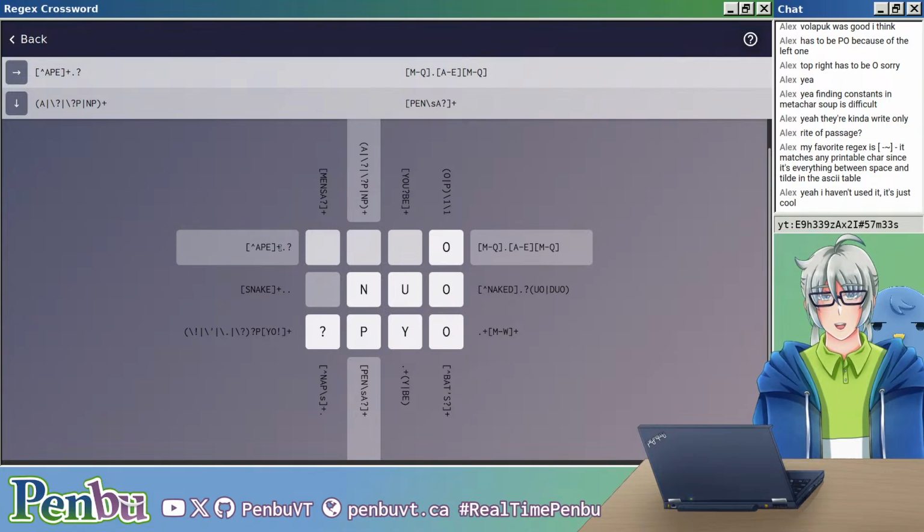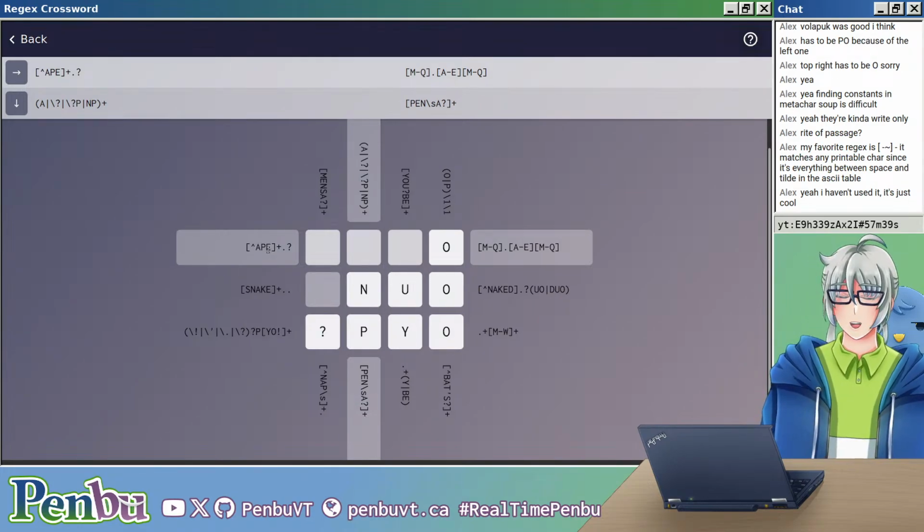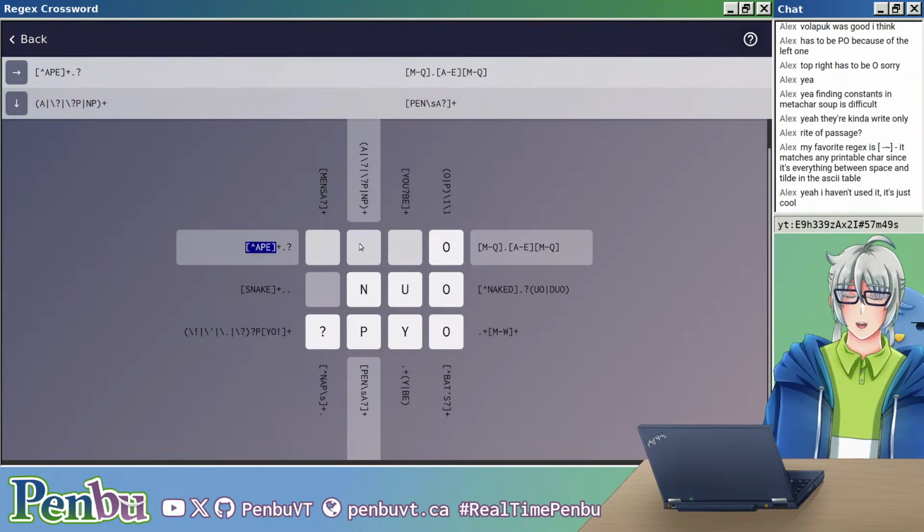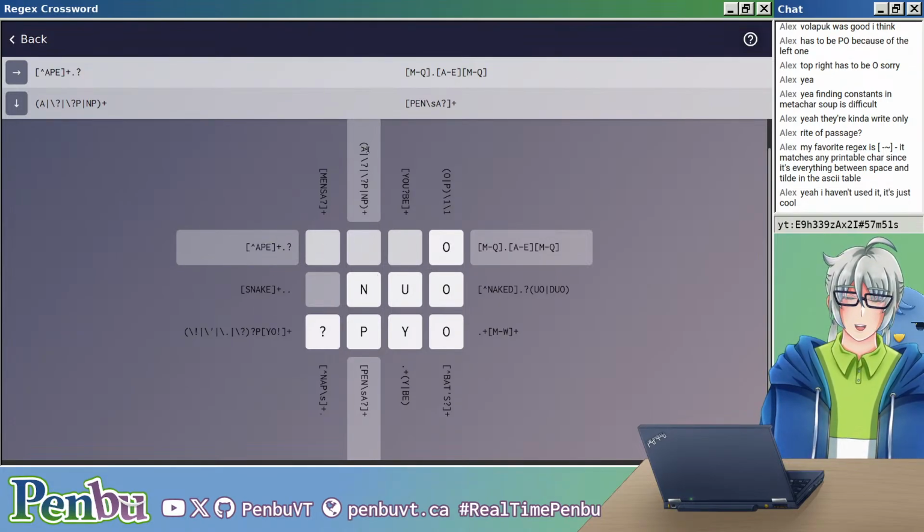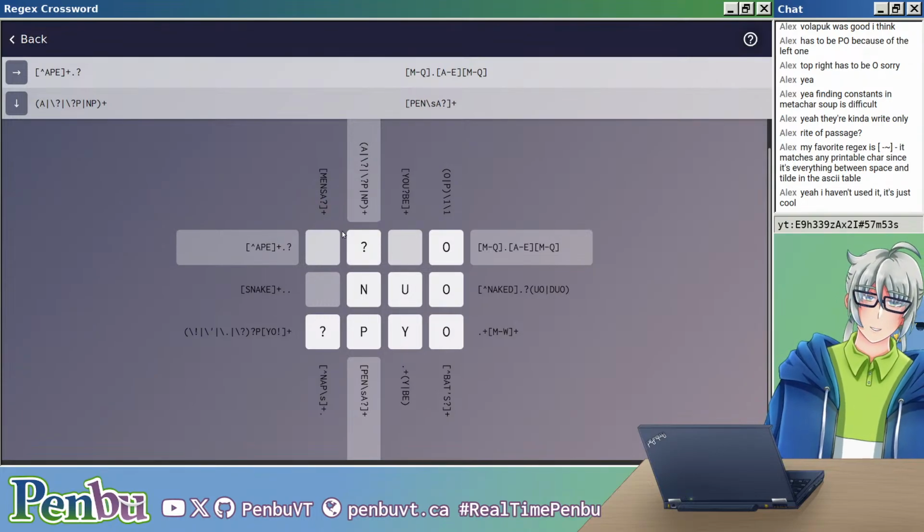Oh no, okay, so dot question mark is already taken up by this O because it's actually not necessarily. But it could be taken up by this O, which means that we are forced to use anything that's not an A, a P, or an E, which means this can't be an A, this has to be a question mark.